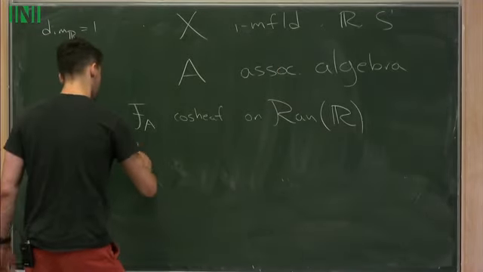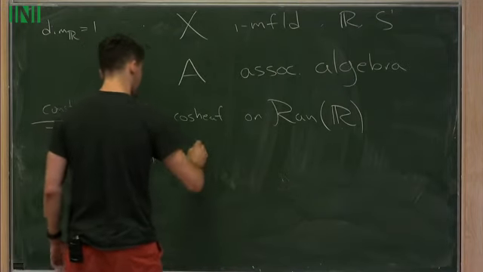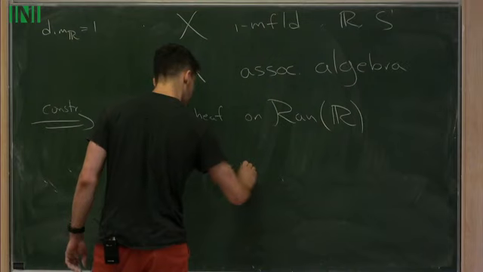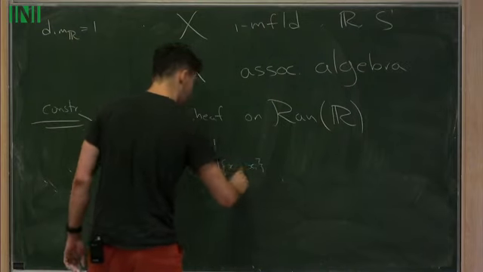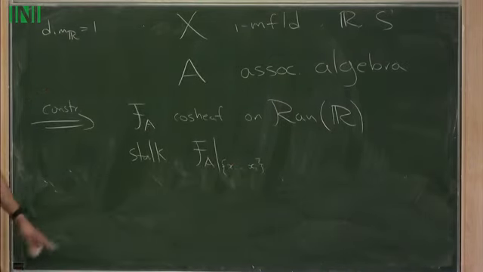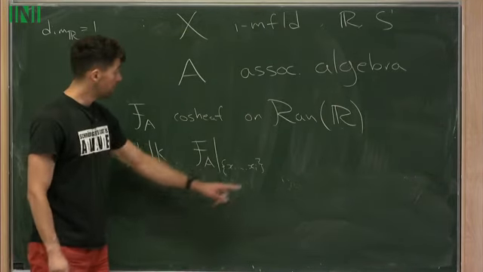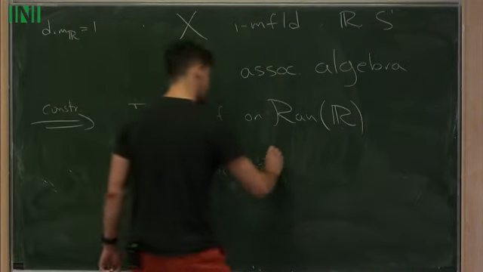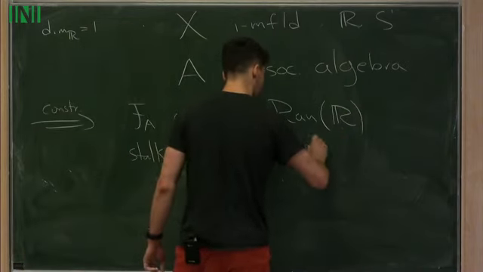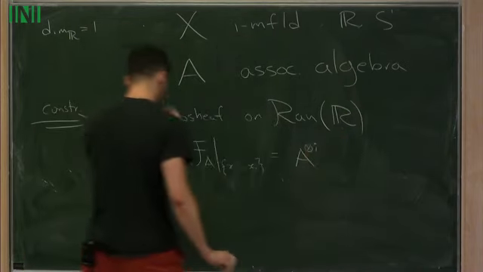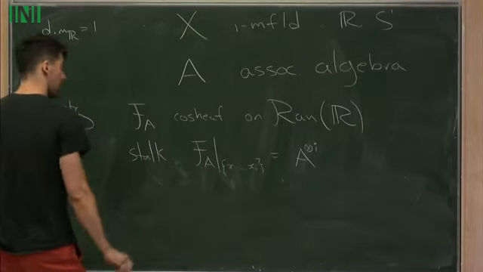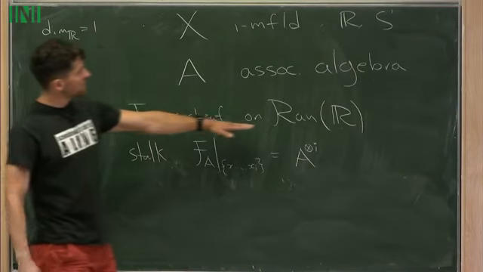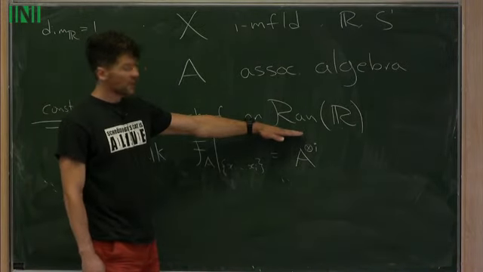So it's good to think about what a sheaf or a cosheaf is in terms of its stalks. The stalk at an I-tuple, an unordered I-tuple, is A tensored with itself I times. And then on each of these configuration space layers, you get a constant cosheaf.